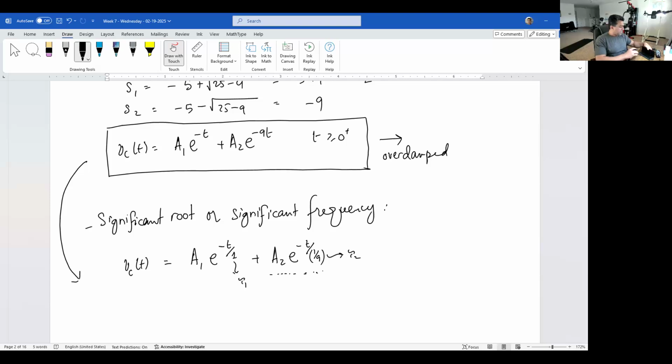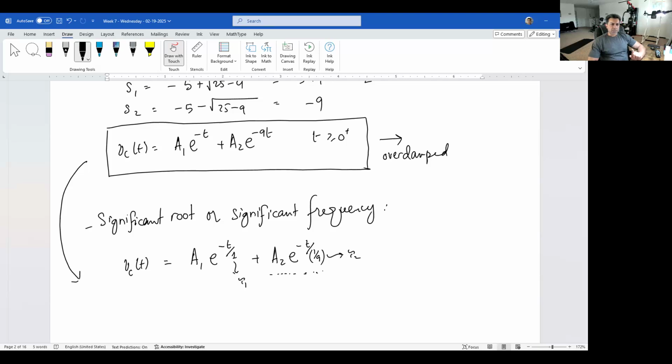That means the term that is taking longer to decay is the first term. It's taking 1 second to go down to 36% of its initial value. The second term is taking less time to go down to 36% of its initial value.